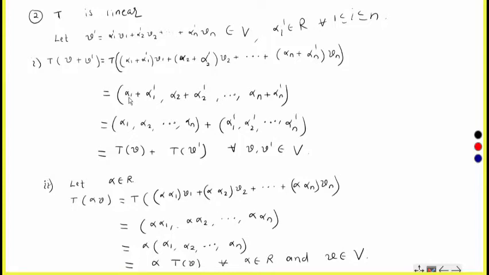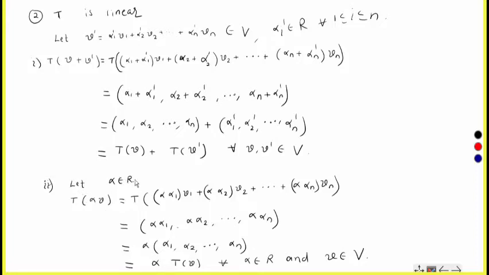But already we have defined that alpha 1, alpha 2, ..., alpha n is T of v, and similarly this is T of v dash, and this holds for all v, v dash belonging to V. So the first condition for linear transformation is satisfied.